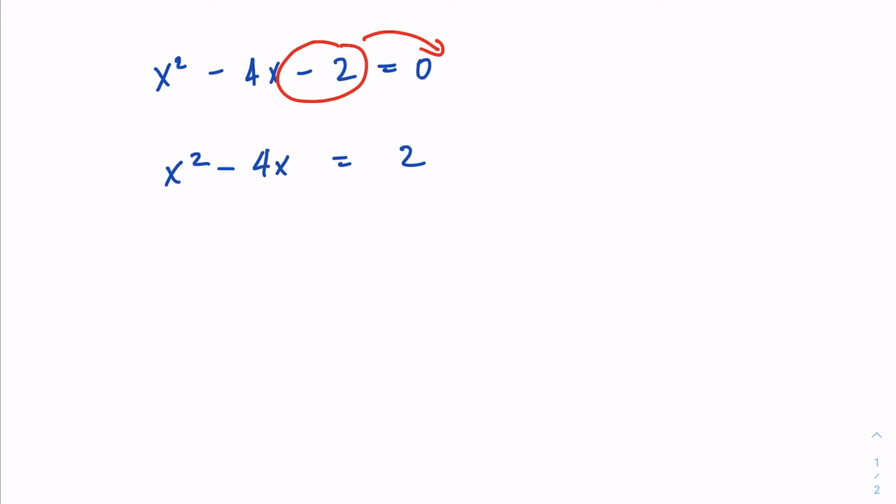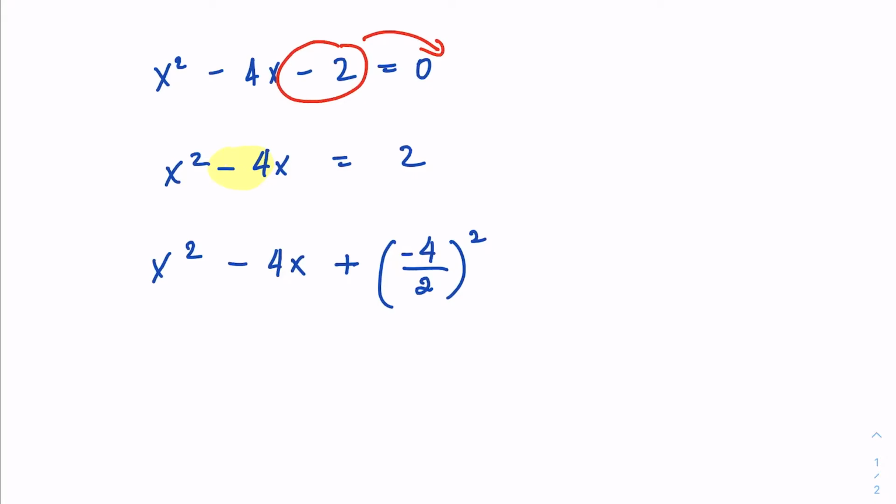The second step in completing the square is having x squared minus 4x, leaving this plus the coefficient of this, minus 4 divided by 2, squared.